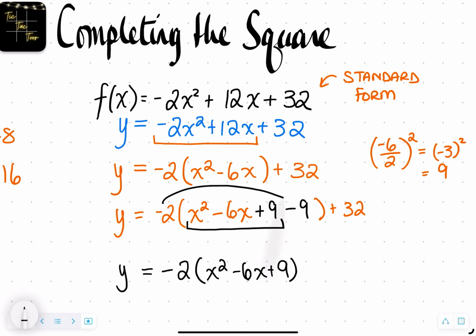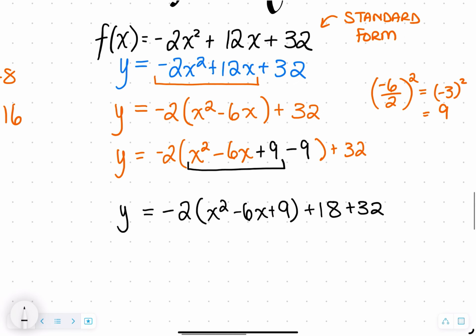This applies to the value that you're pulling outside of the brackets. So -9 times -2 is +18. We also have the +32 already outside of the brackets.